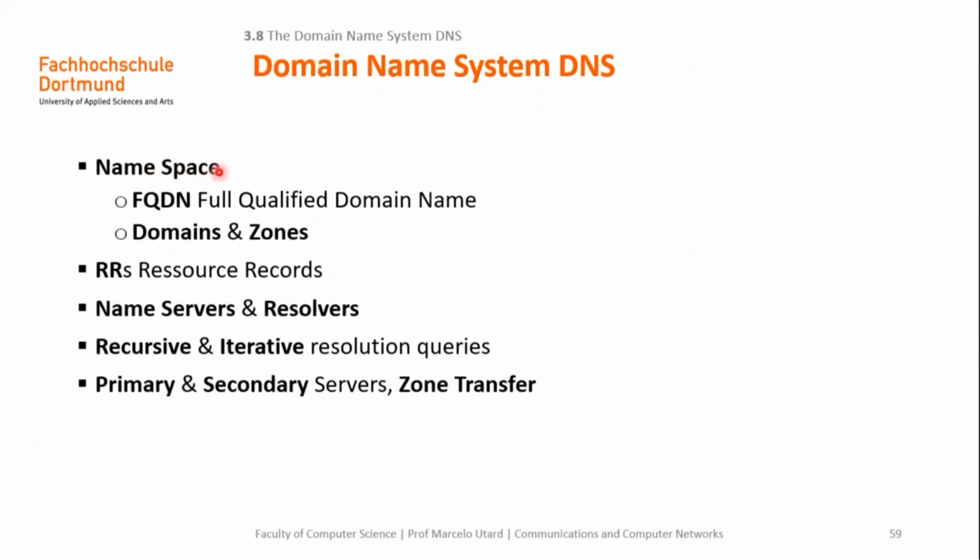We need to talk about the namespace, that is the concept of the fully qualified domain name, an FQDN, that is in fact the DNS name, commonly; the difference between domains and zones, to clearly understand the concept of zone, which is slightly different from the concept of domain; and to understand what an RR, that is a resource record, means, and which are the different types of resource records that the Domain Name System could handle.